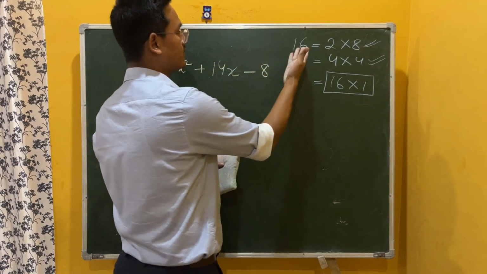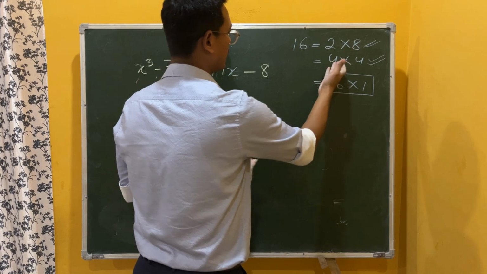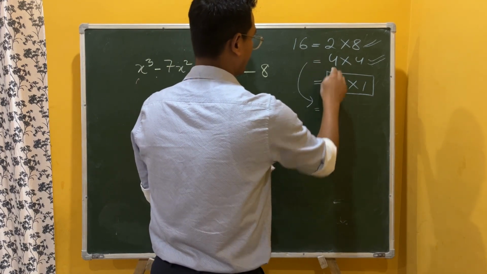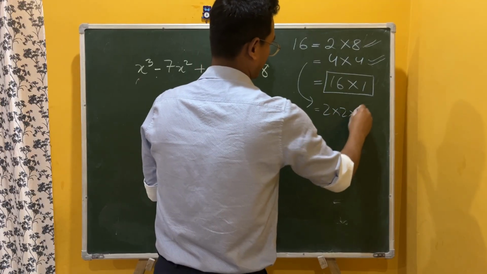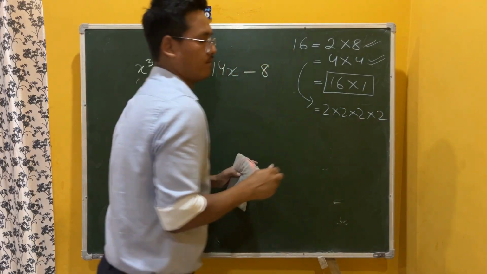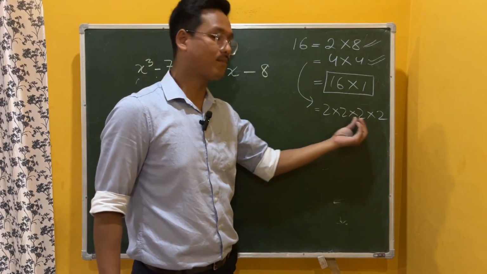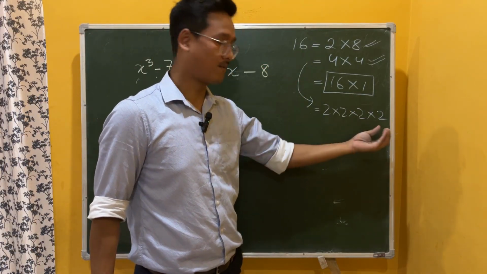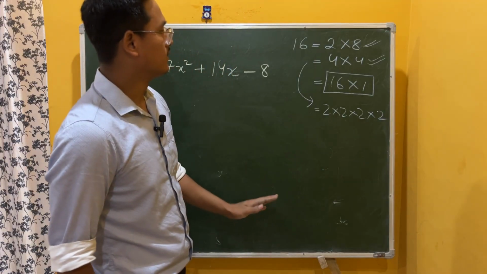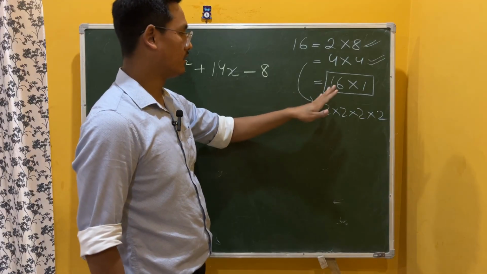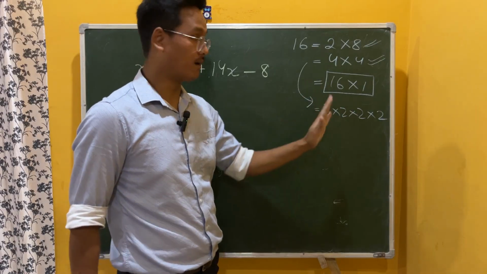So other ways of showing 16 are 2 times 8 or 4 times 4, or the prime factorization of 16, which means showing 16 as a product of only prime numbers. So these are the possible 3 factorizations of 16, excluding the trivial one.